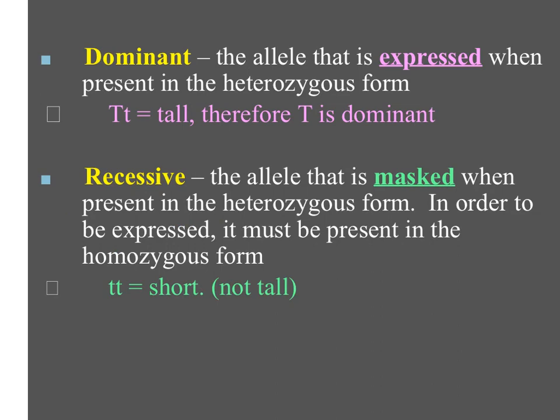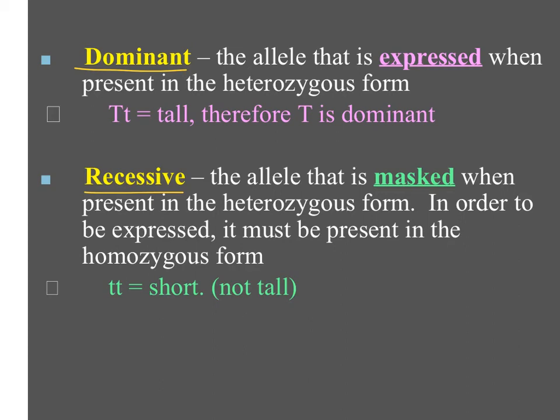Okay, so we've talked about phenotype and genotype, where phenotype is what you see, and genotype is what is on your chromosomes. And we've talked about homozygous and heterozygous, where homozygous are alleles that are the same and heterozygous are 2 different alleles. Next up, we need to talk about dominant and recessive.